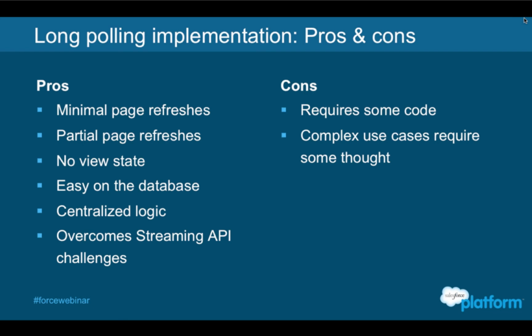All right. Okay, so let's take a little bit of a review here and consider the pros and the cons of the Streaming API implementation of this approach. So it does a very good job of keeping our resource consumption down. What this is really going to do is let the page get those data refreshes in near real time, but it's only getting the data that has changed as it's changed.